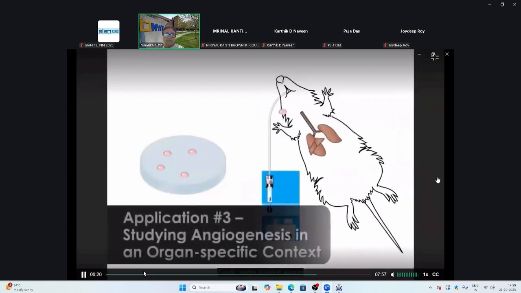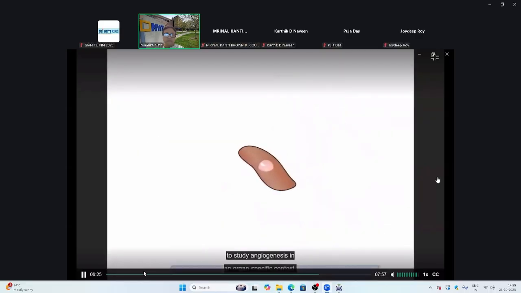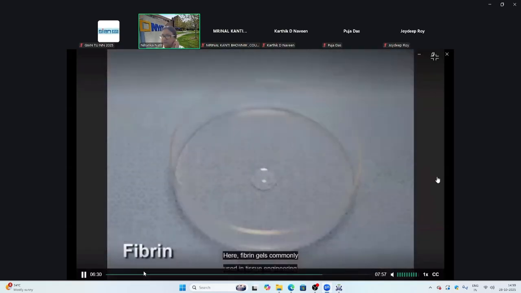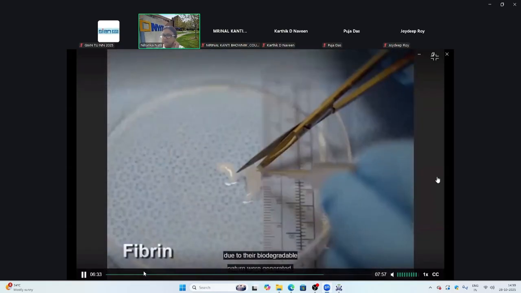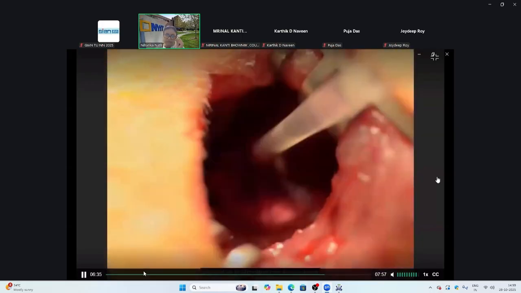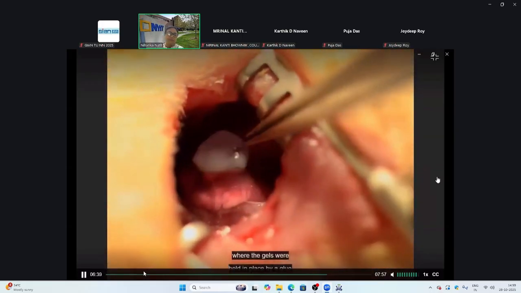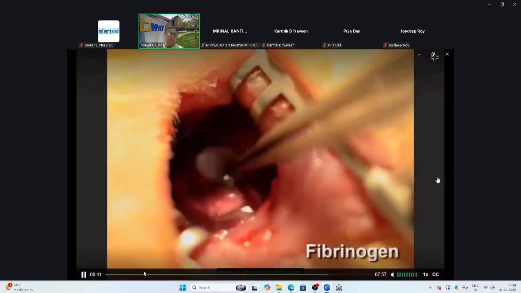Finally, matrix invasion assays can be performed within a living animal to study angiogenesis in an organ-specific context. Here, fibrin gels, commonly used in tissue engineering due to their biodegradable nature, were generated, followed by implantation into mouse lungs, where the gels were held in place by a glue made of the protein fibrinogen.